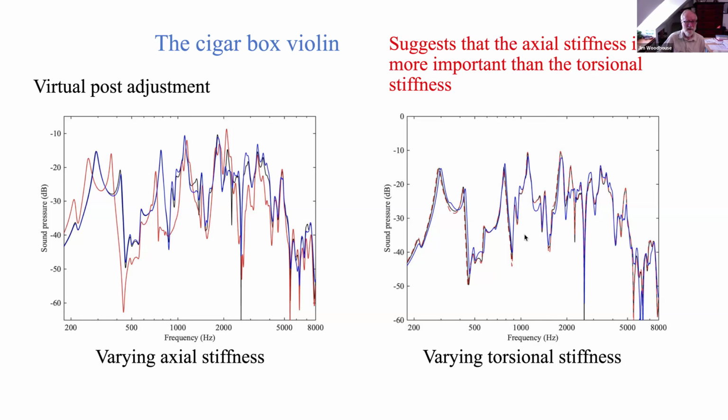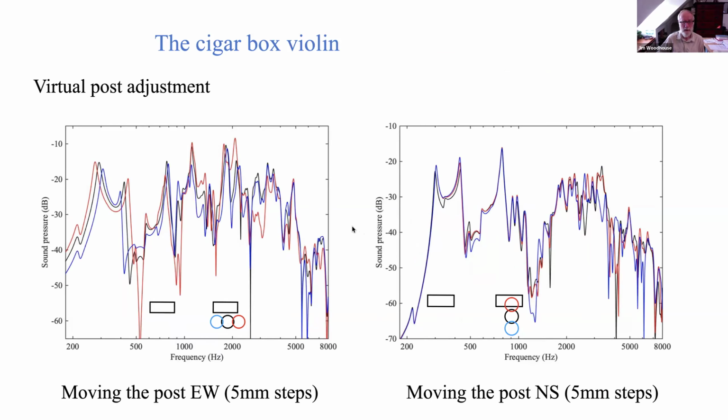So when we come to fitting a virtual soundpost in a real violin, I will only actually try to fit the axial stiffness. But now in the cigar box model, we can simulate the kind of adjustments that you're interested in. Moving the post around, that's the thing you most want to know about.